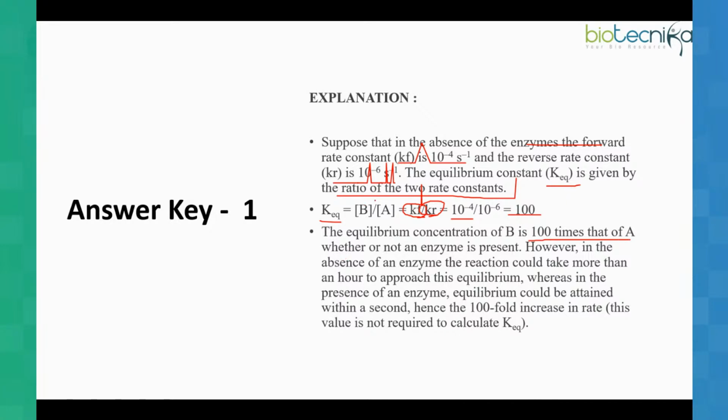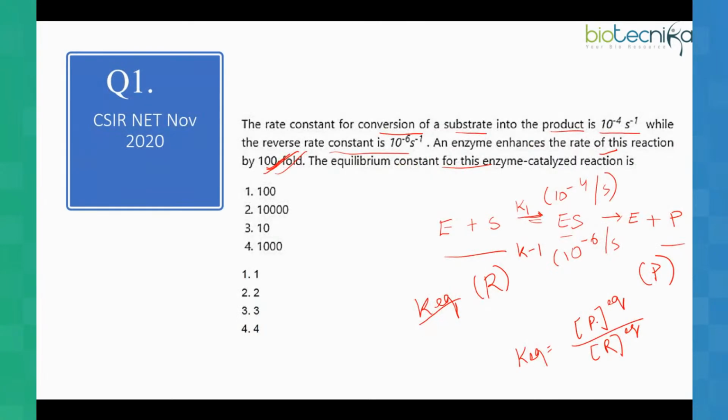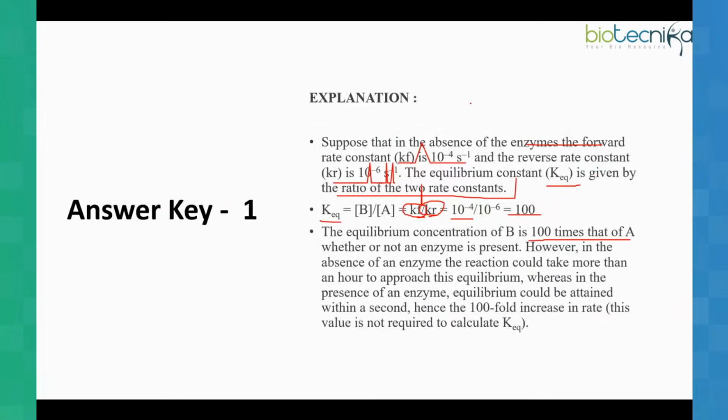Okay, so as I told you, here B they have considered as the product, and A they have considered as the reactant. So this is what we have. Now we need the concentration of B and concentration of A to get the K equilibrium. But if we take the ratio, we know the forward rate constant and reverse rate constant, it will be 100 times as the substrate catalyzes the reaction to 100 times.